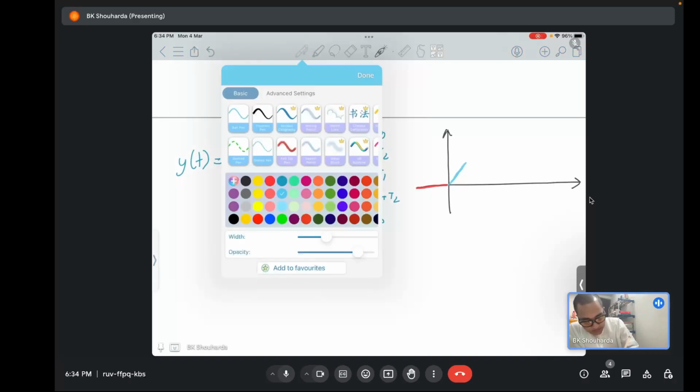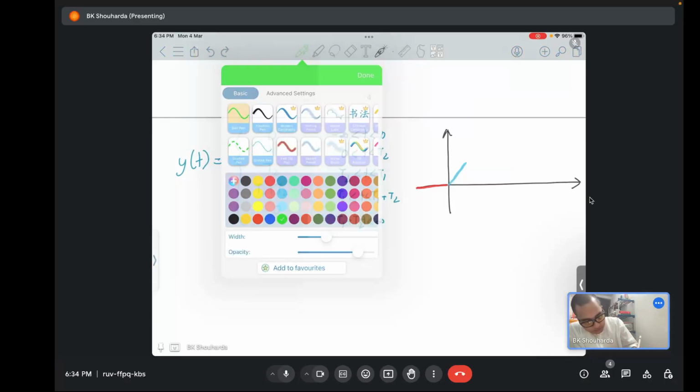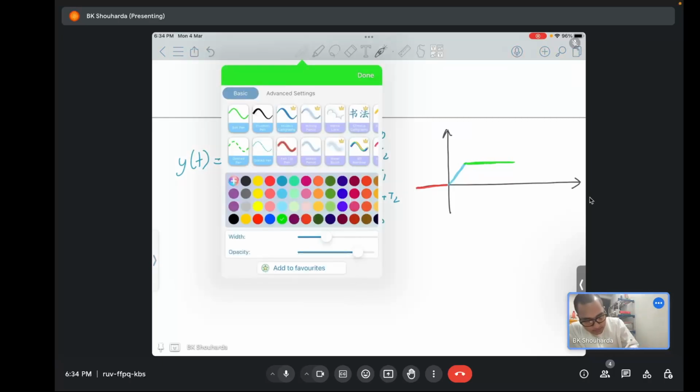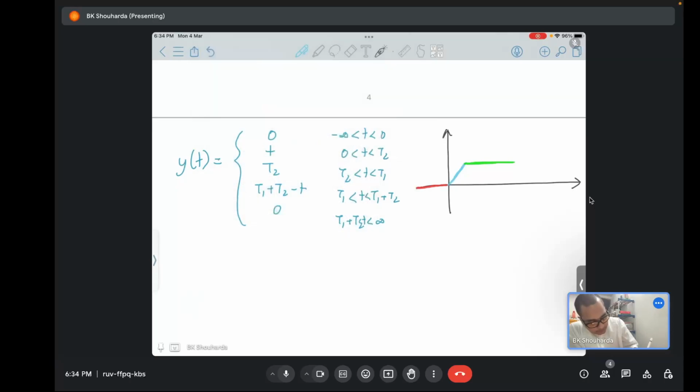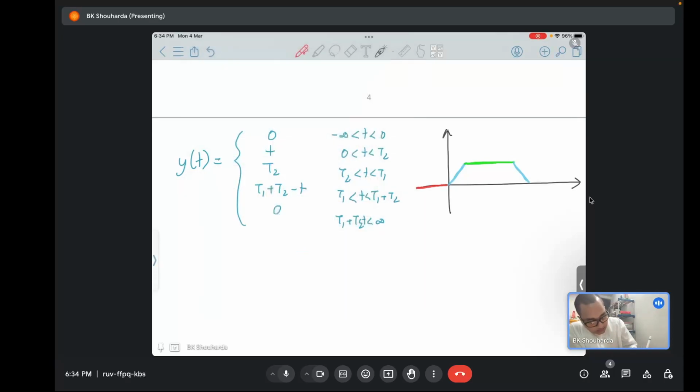Once we reach capital T we become stable. By stable I mean that it becomes constant, and again it drops down and becomes 0. This is the result of our convolution.